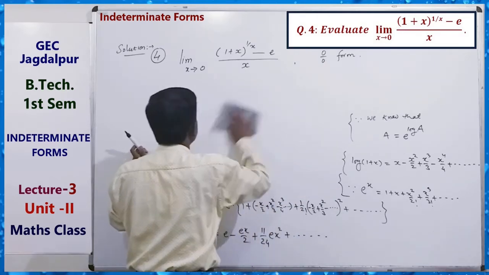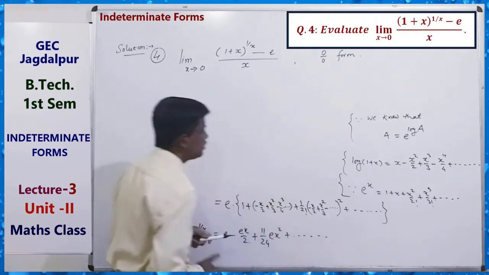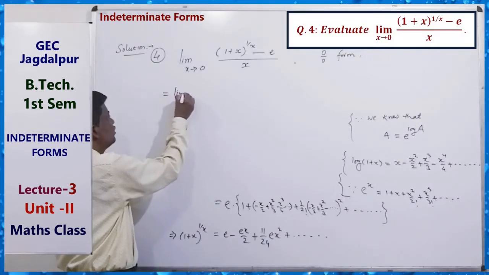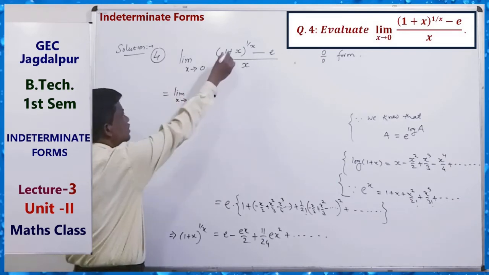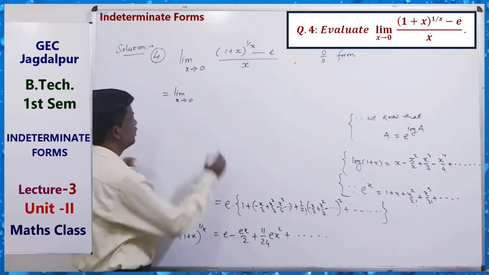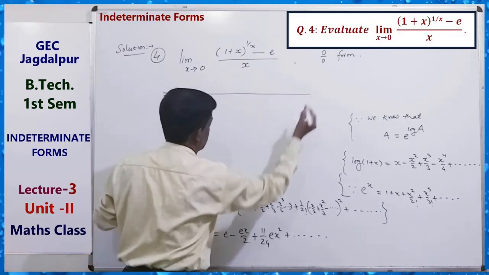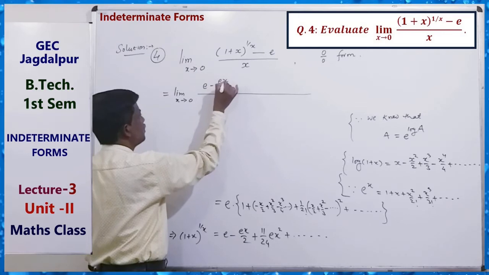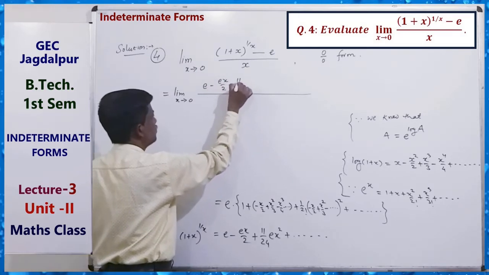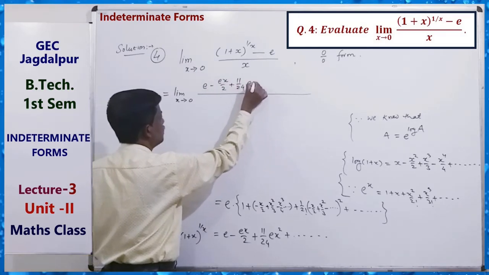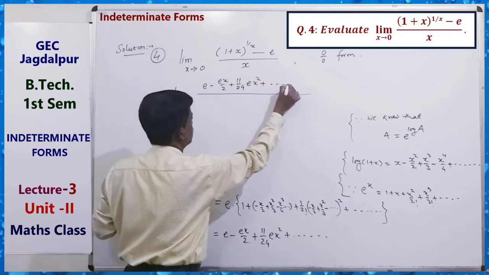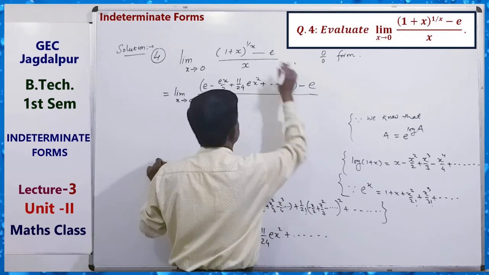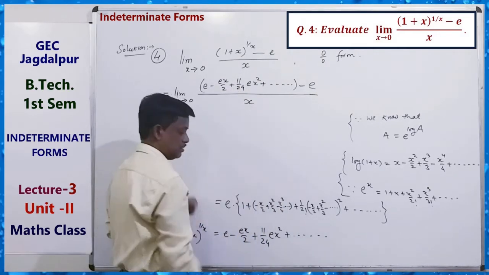Series can also be used to determine indeterminate forms. So here the limit as x tends to 0, in place of this, just use this series: e minus ex by 2 plus 11 by 24 ex square plus and so on, minus e, all divided by x.